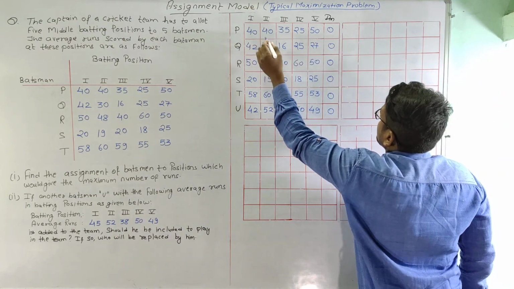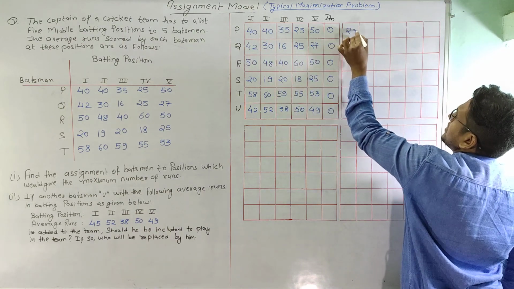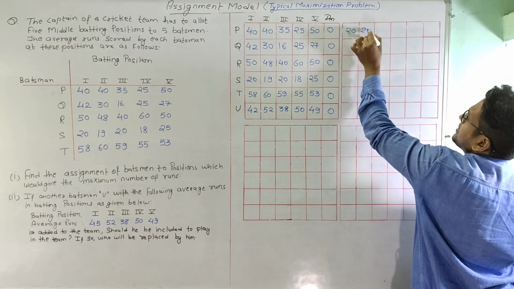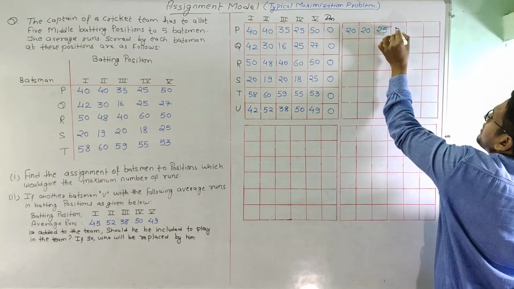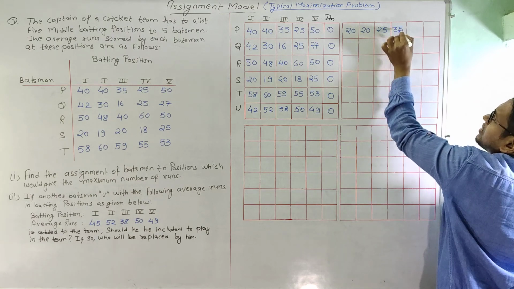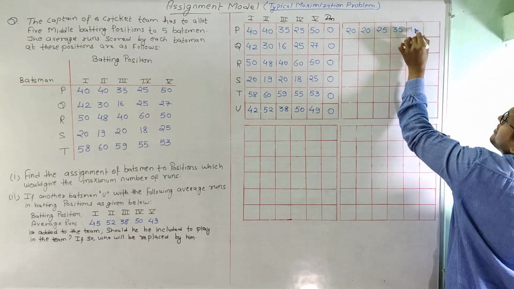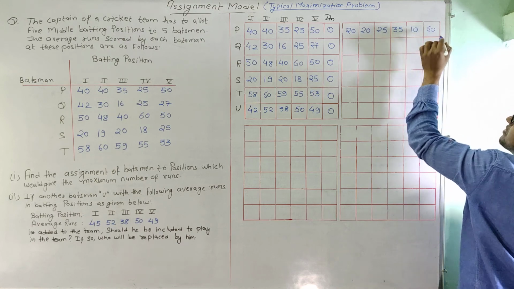So this will be 60 minus 40 is 20. Similarly 60 minus 40 is 20, 60 minus 35 is 25, 60 minus 25 is 35, 60 minus 50 is 10, 60 minus 0 is 60.